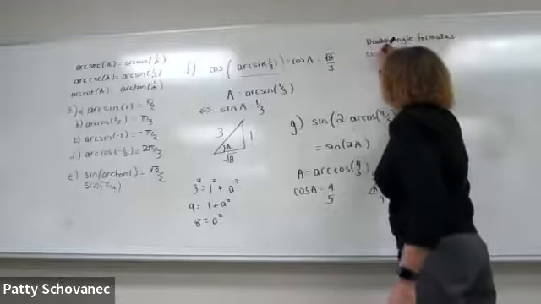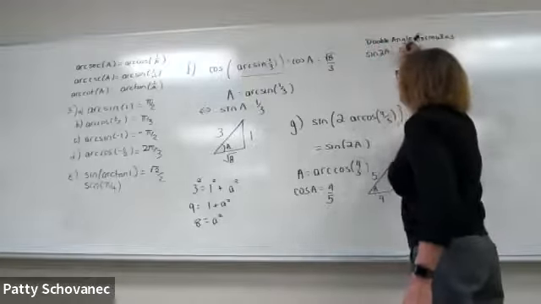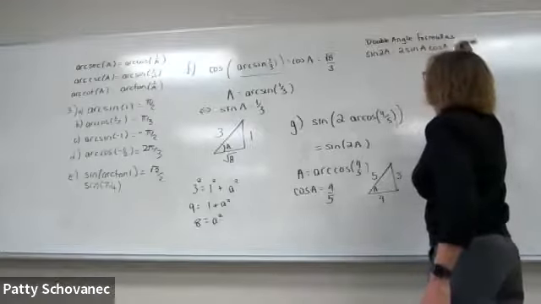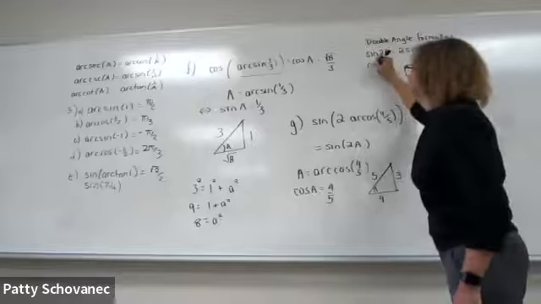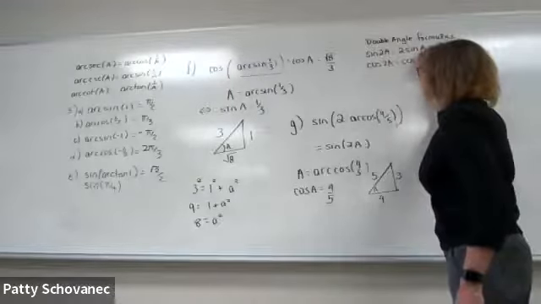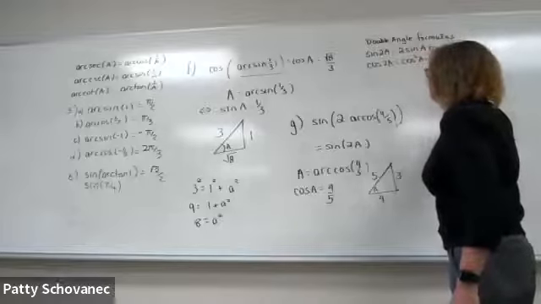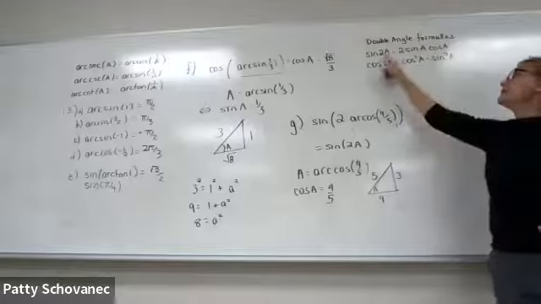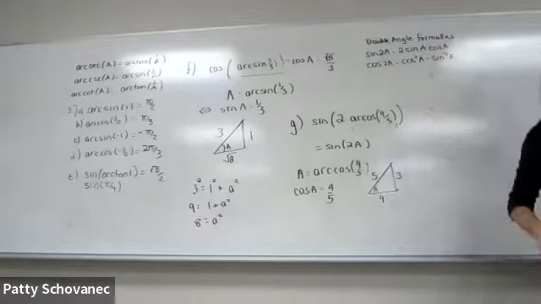The sine of twice an angle is 2 times the product, the sine of the angle and the cosine of the angle. The cosine of twice an angle is the cosine squared of the angle minus the sine squared of the angle. The tangent of twice an angle is the sine of twice an angle divided by the cosine of twice the angle.